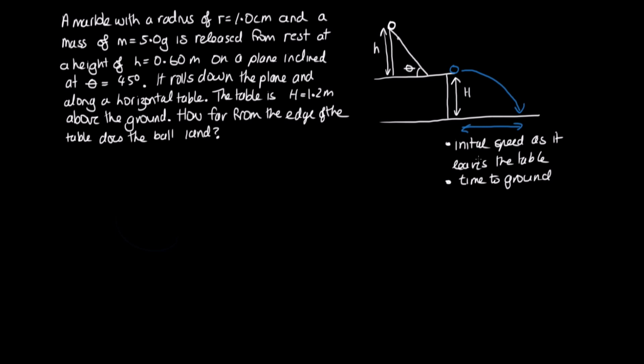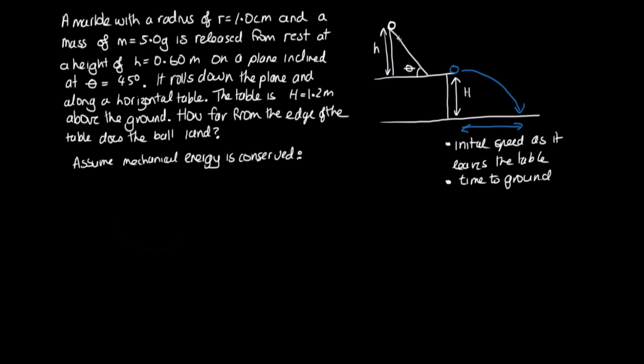To get the initial speed, we can consider the energy conversions which take place as the marble is released from rest here. So if we assume mechanical energy is conserved, which is reasonable because this holds when non-conservative forces don't do any work.